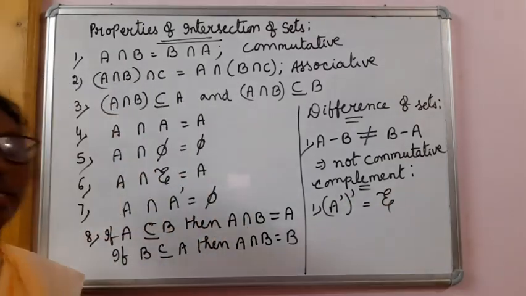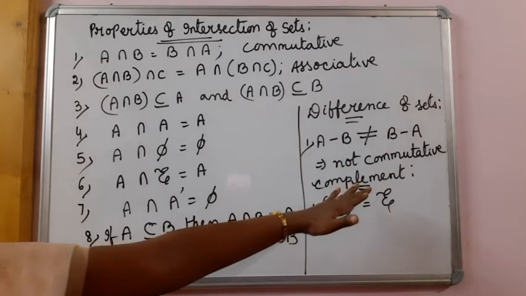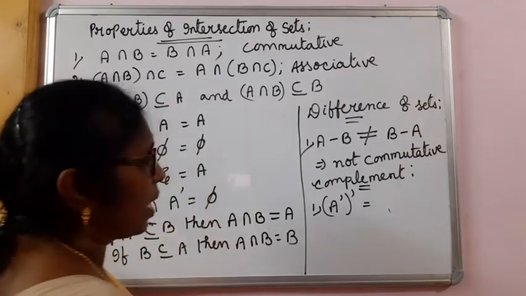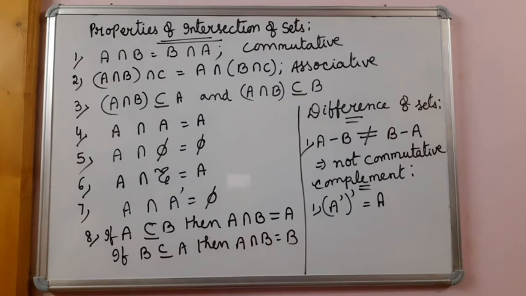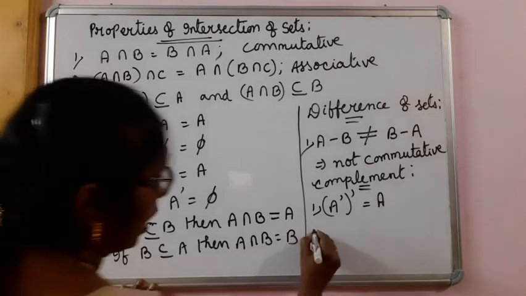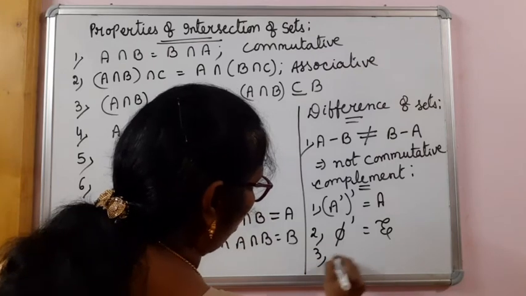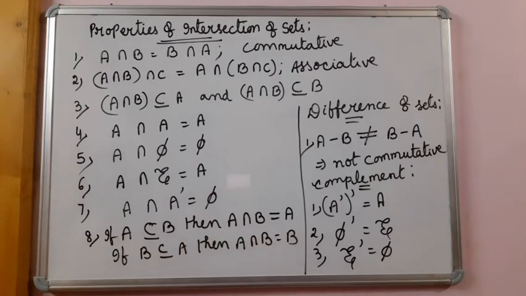A dash means elements which are not present in A. A dash dash means elements which are present in A. So A dash whole dash is equal to A, and also the complement of the empty set is the universal set, and the complement of the universal set is the empty set. So these are the properties of operations on sets.